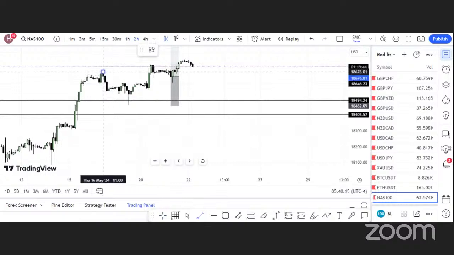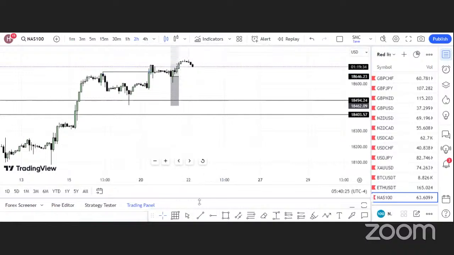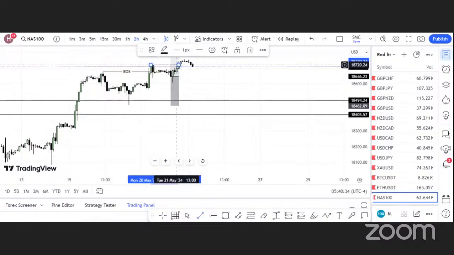So from here we had the market breaking structure to the upside. Okay, we have a break of structure. Then we also have another break of structure here. And the market has been making moves to areas where we have break of structures and retesting from there.